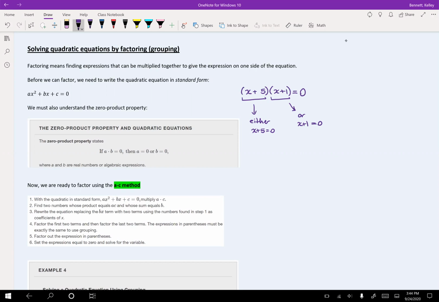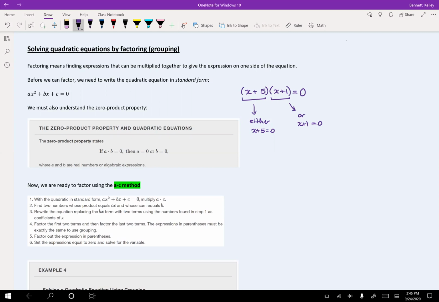Those are my options. Again, the only way to multiply 2 values together and have their product be 0 is if one of them itself is 0. So we're going to use that when we do factoring to find the solutions to a quadratic.